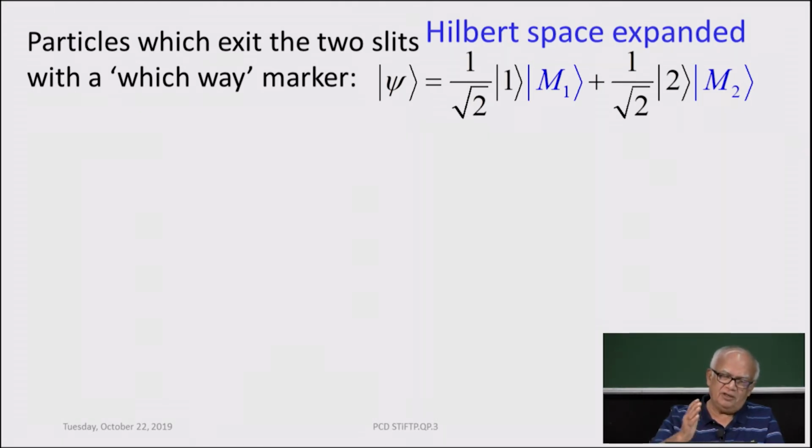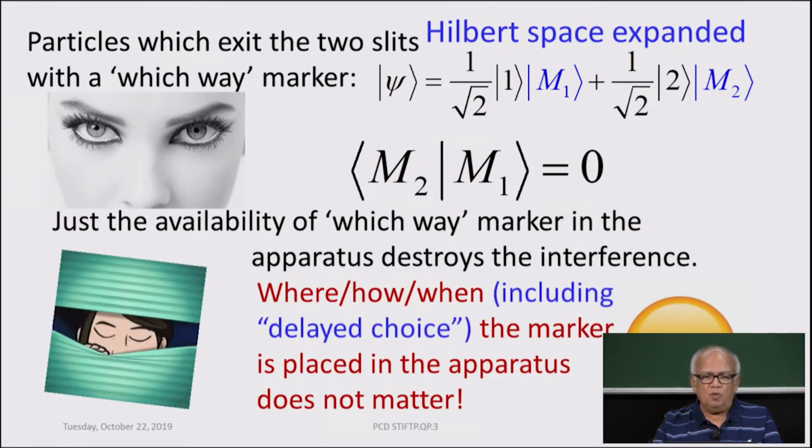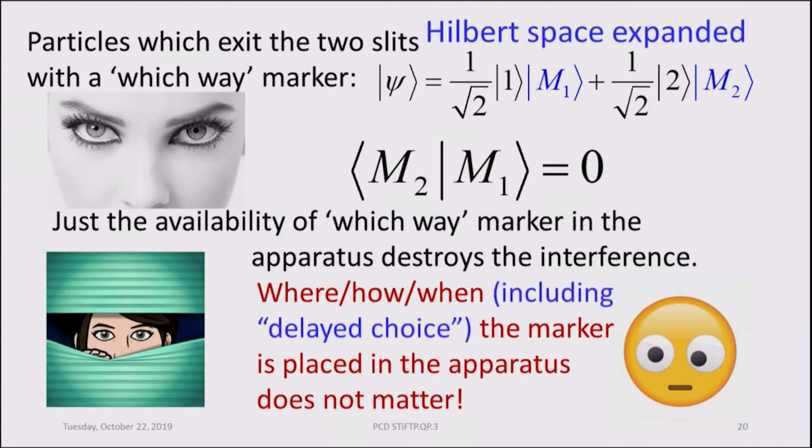It could be any one of the previous: you can have a shutter, you can have polarizers, right. Just the fact that these markers are orthogonal to each other allows you the opportunity to peek into the apparatus. If you open your eyes and peek, you use this marker, then you will know from which slit it has come.